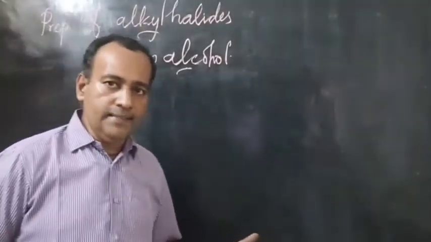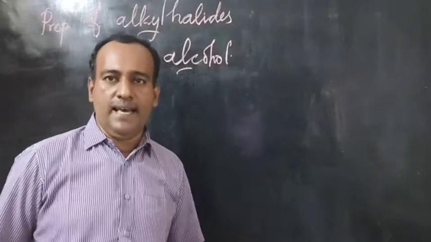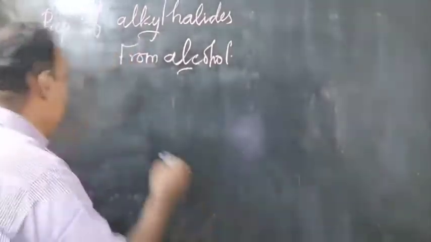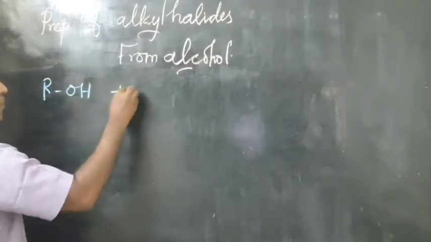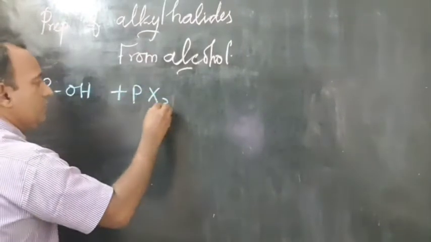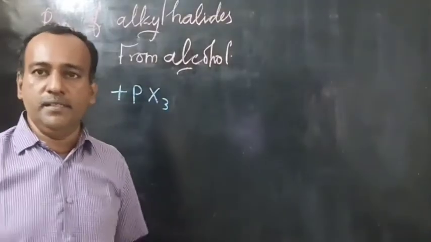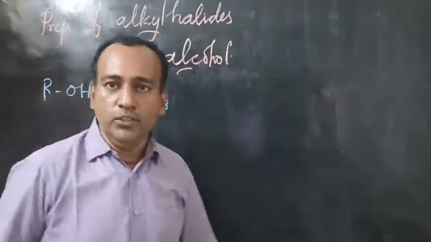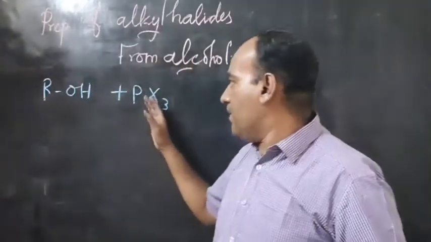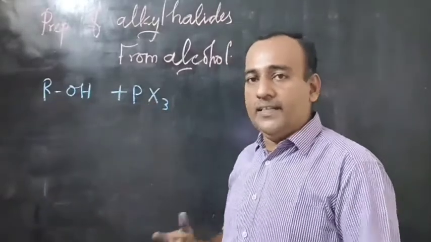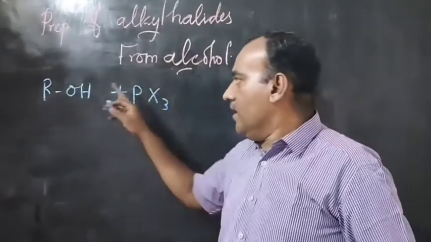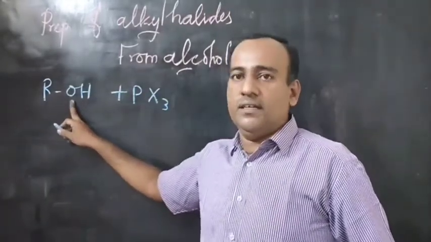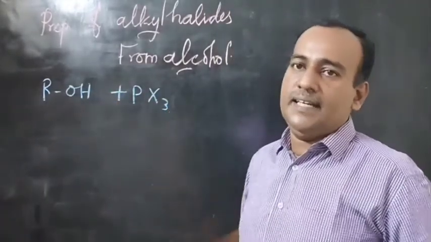Alcohols can be treated with phosphorus halide. So next method, when alcohol is treated with phosphorus halide. Phosphorus forms two types of halide: one is phosphorus trihalide, another one is phosphorus pentahalide. First we will study the action of alcohol with the phosphorus trihalide.